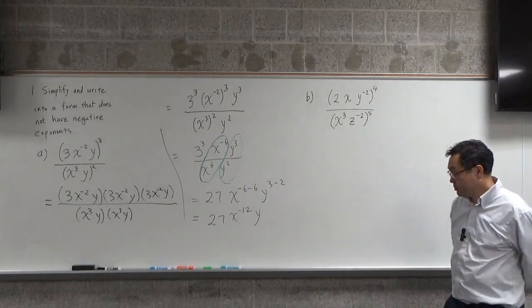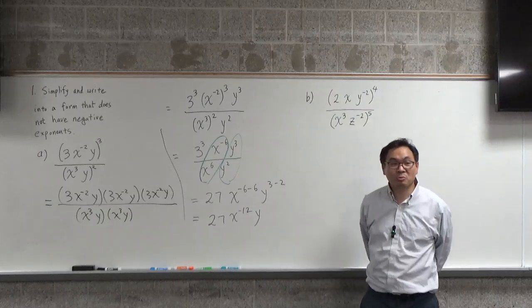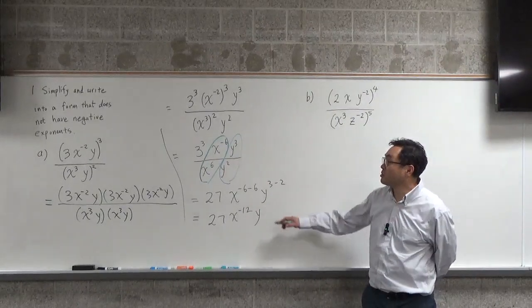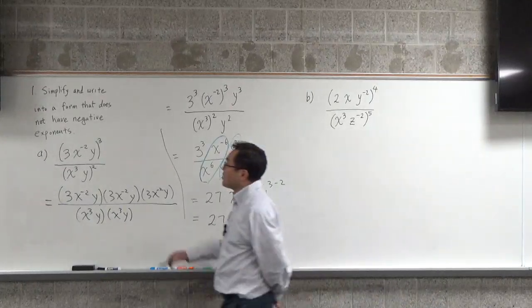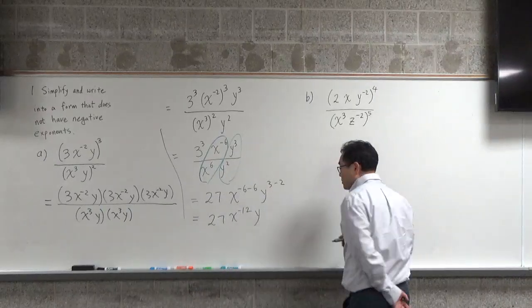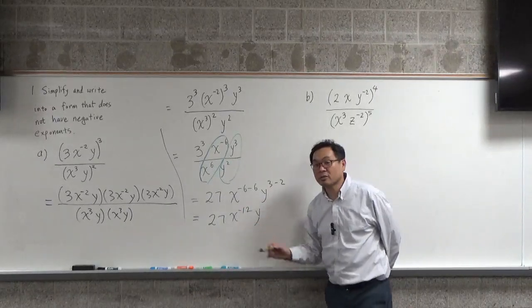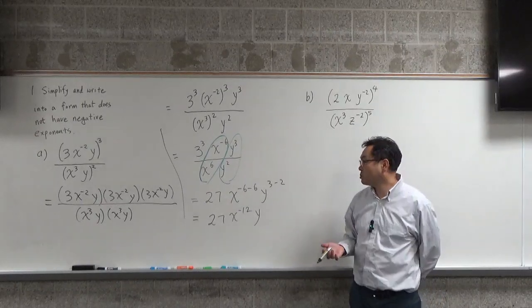Okay, now this seems to be simplified as much as possible, but what do you not like about this as the answer? The question says do not have negative exponents, right? So I see that there's a negative exponent, and what can we do with it? Put it into a fraction.